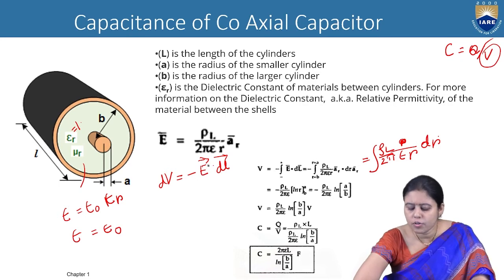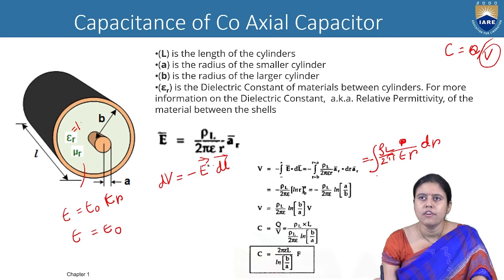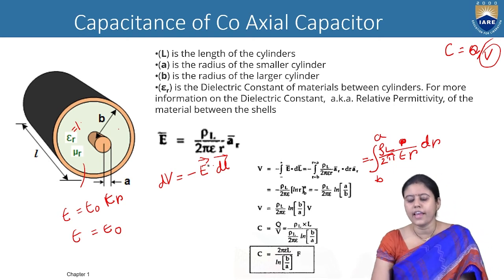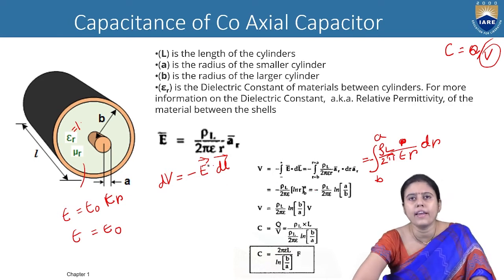And what is the sign? The sign is minus from the far point to the near point. The far point is B and the near point is A. Rho L, 2 pi and epsilon are constants, so we take the constants out and integrate 1 by r.